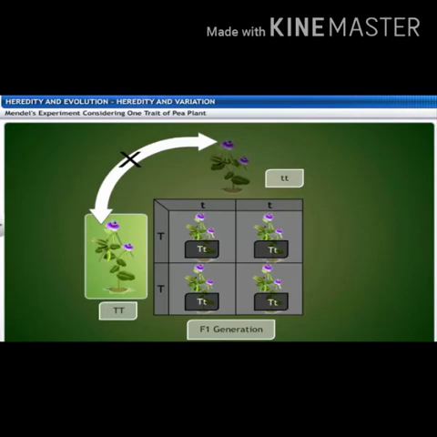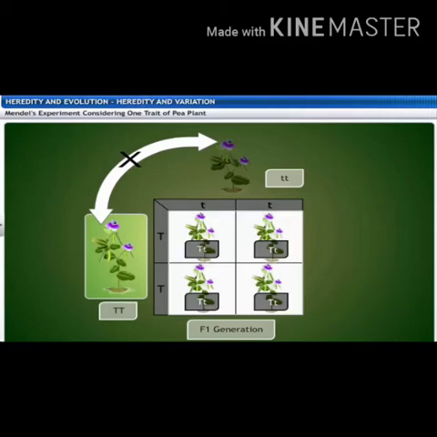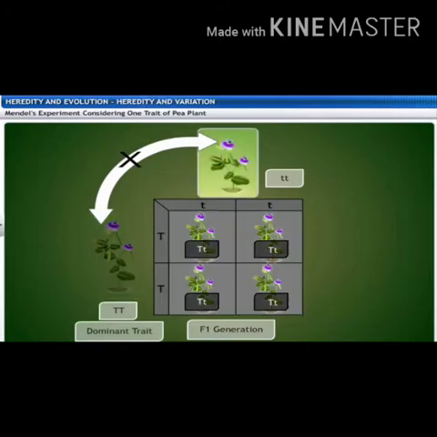This means that only one of the parental traits was visible. The trait which is visible in the F1 generation is called the dominant trait, and the one which remains suppressed is known as the recessive trait.